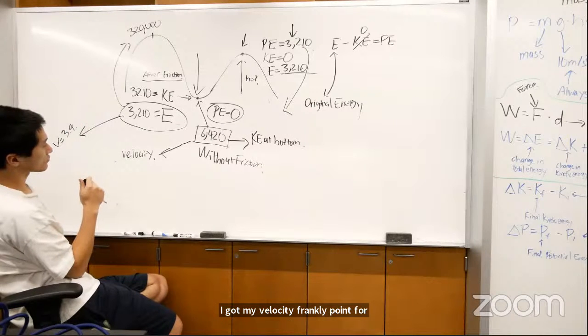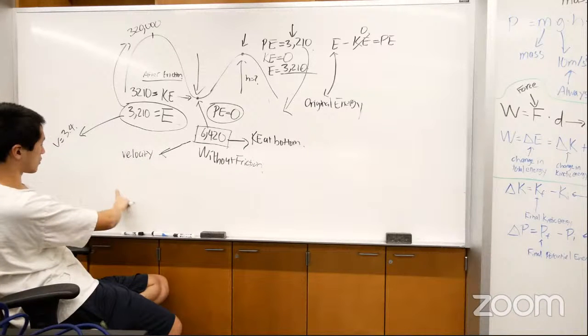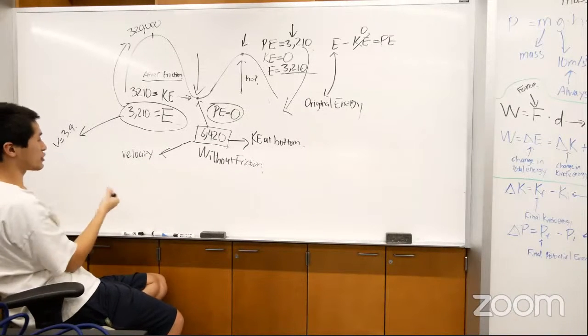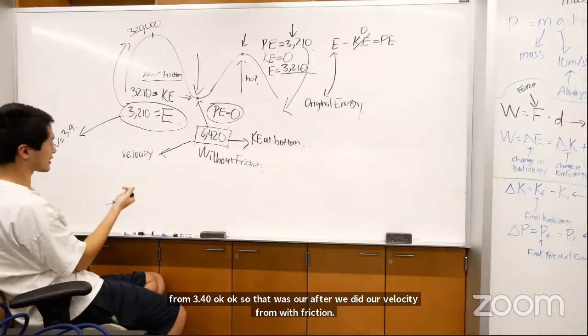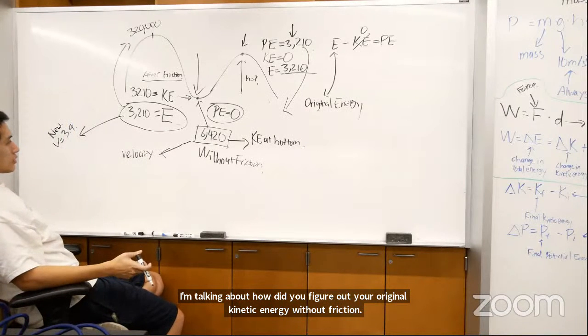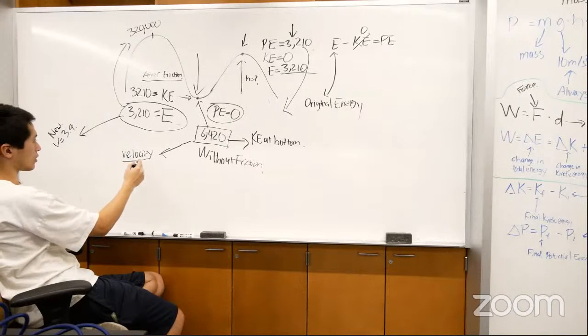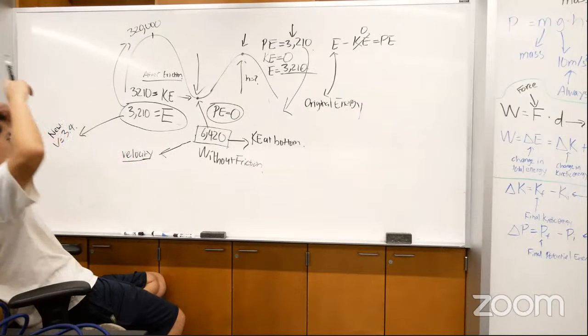Oh, my original kinetic energy from 1/2 times the mass times the velocity. Okay, so how did you know your velocity down here? I know my velocity down here because I'm going off my initial calculations. Okay, so how did you do those initial calculations?